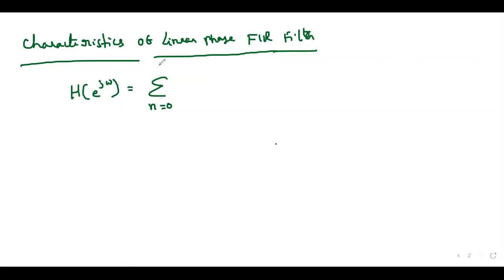Say that finite value is N. That means N samples are there in the impulse response. Therefore, the limit is from n equal to 0 to N minus 1. So the formula is the summation n equal to 0 to N minus 1, h of n into e power minus j omega n.